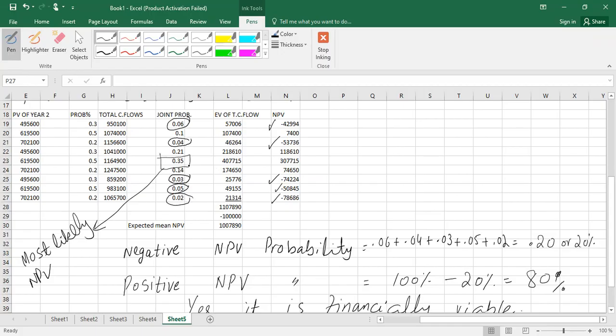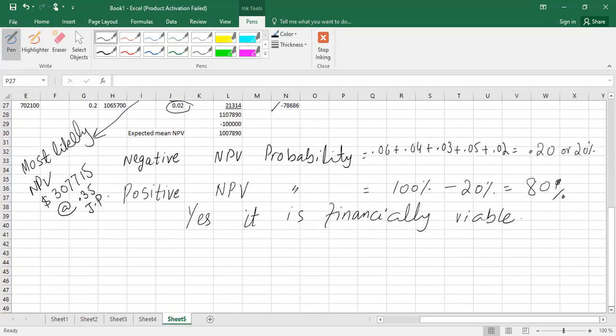And what is the NPV here? Here NPV is 307,715. So 307,715 is most likely NPV at 0.35 joint probability. So these are the questions that can be asked by the examiner in exams from the joint probability.